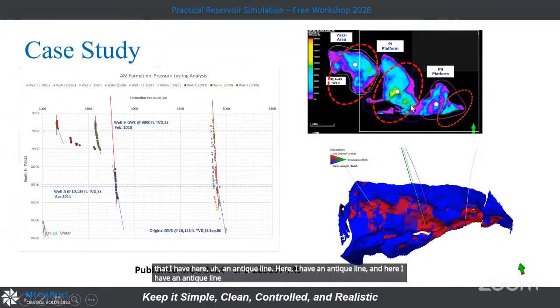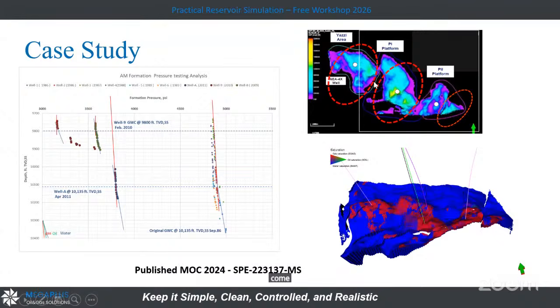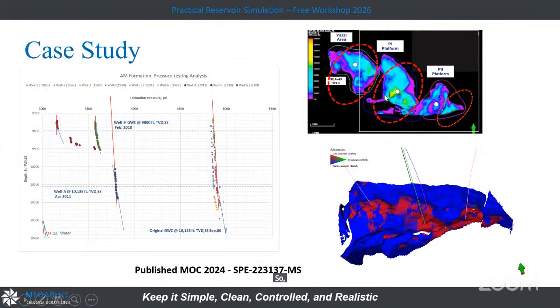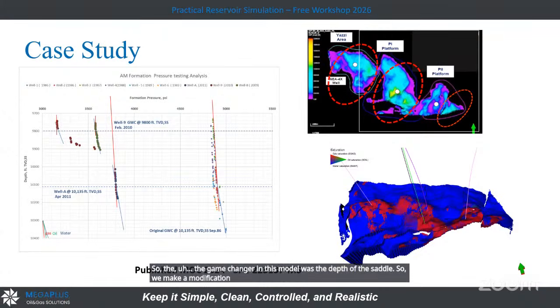When the water comes up, depending on the saddle between these two four-way closures, because of this saddle I have multiple gas water contacts. So the game changer in this model was the depth of the saddle. So we made a modification in the structure model.